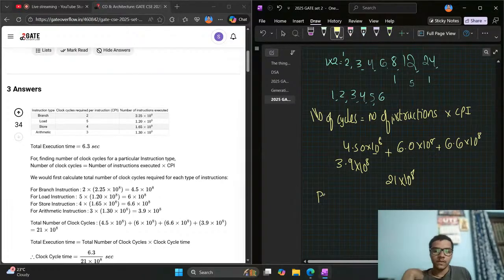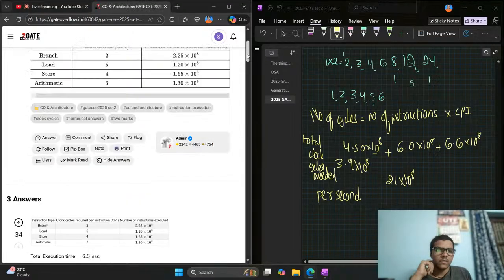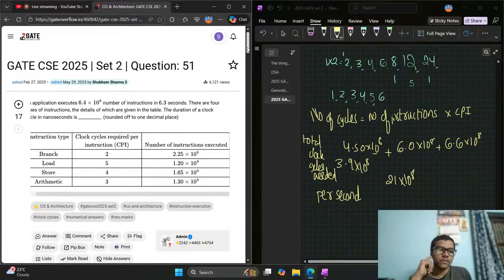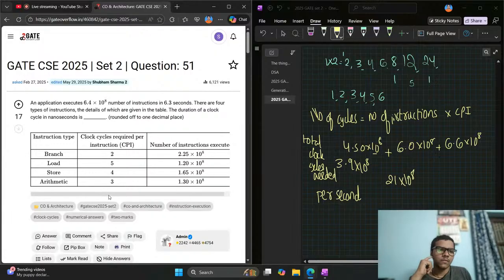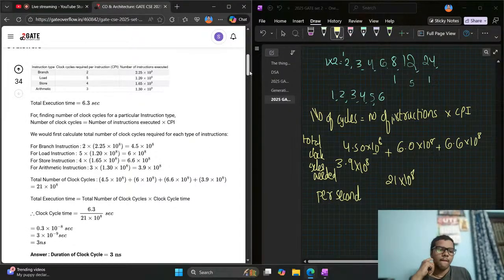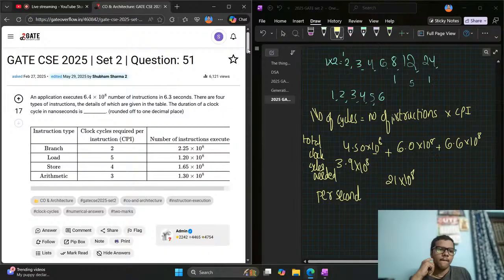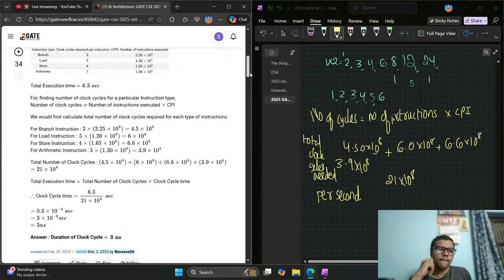So per second. No, what is this? Total clock cycles needed per second. It gives how much?